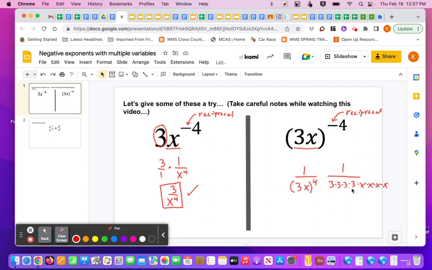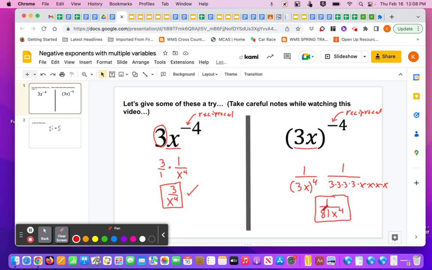And if I fully simplify this and clean it up all the way, 3 times 3 is 9, times 3 is 27, times 3 is 81. And I have x times x times x times x, which is x to the fourth. And there you have it. You can see how we simplify it all the way down to 1 over 81x to the fourth.